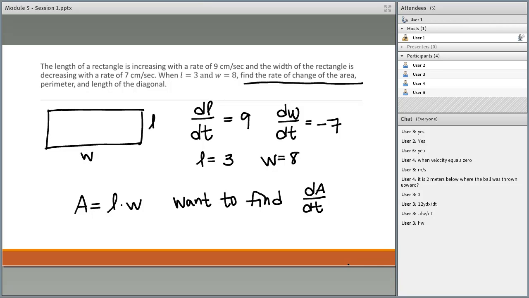So if I did what I did on the last example, calculate the derivative with respect to t of each term, on the left, the derivative of A is just 1, but with respect to time, we have to use the chain rule. So that's how we get dA/dt.